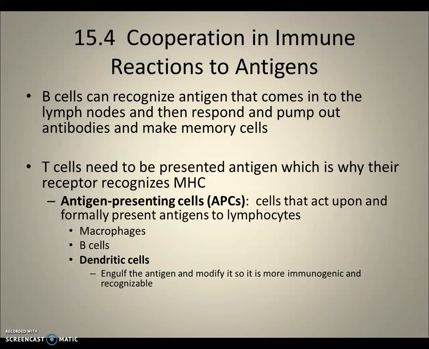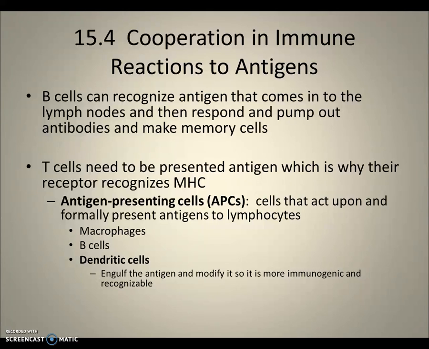The T cells then, again, they need to be presented the antigen. They recognize that major histocompatibility complex. So macrophages, B cells, dendritic cells, these are all cells that are considered antigen-presenting cells, and they process a little bit of the antigen, and then they just bring it up to the T cells and say, here you go.